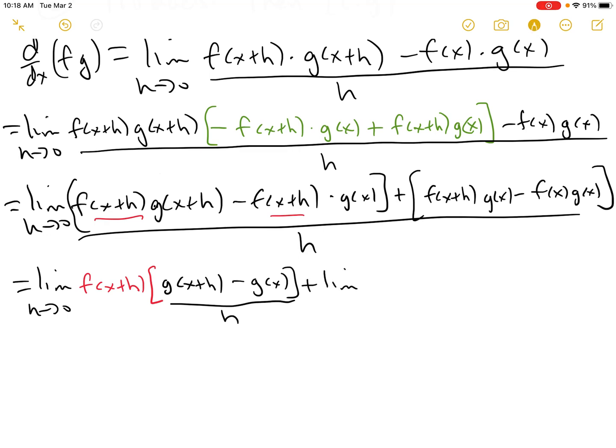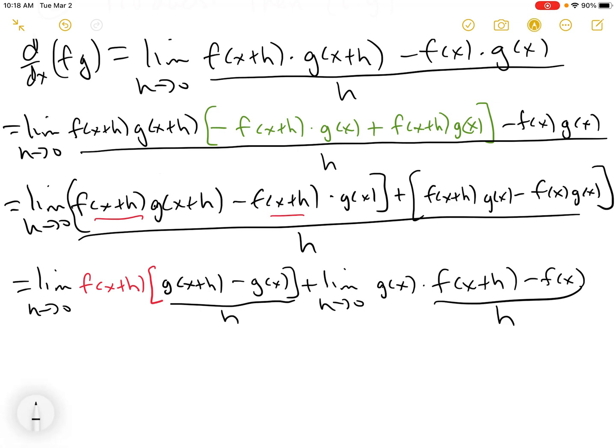Plus the limit as h approaches 0. From the second one, I factor out a g of x, and I have f of x plus h minus f of x all over h. Okay, and to be consistent, this should be in red because I factored a g of x out of here and here. All right.